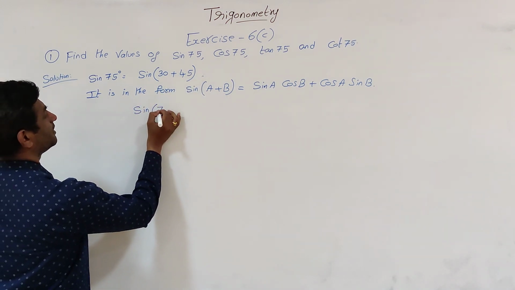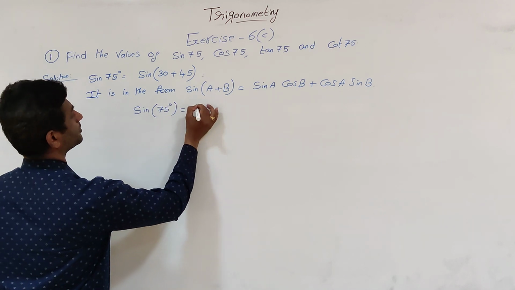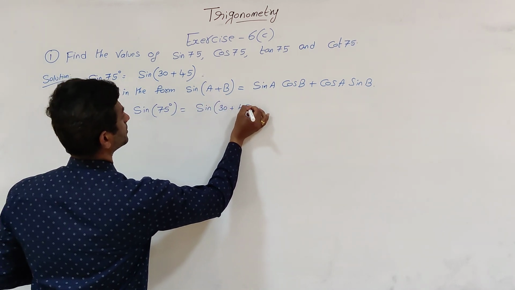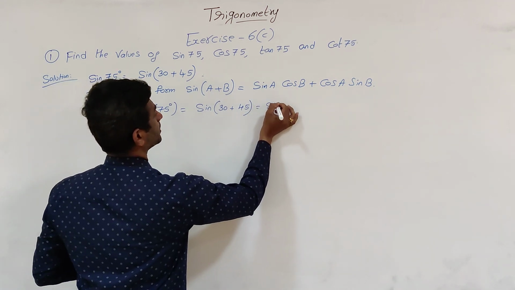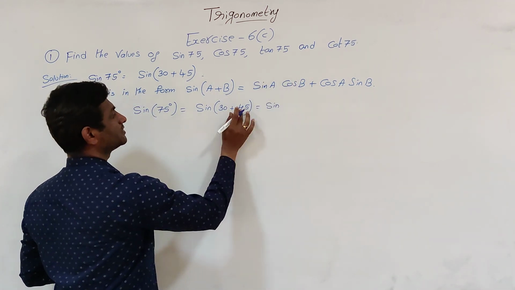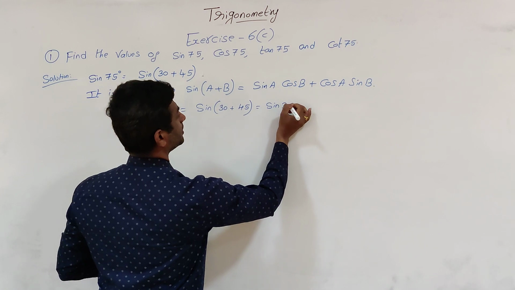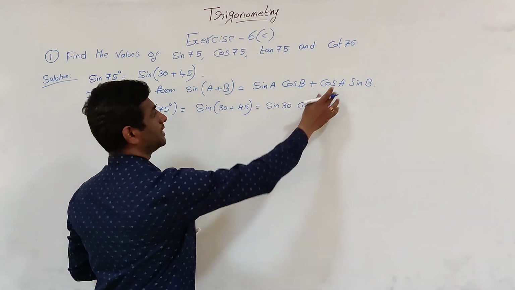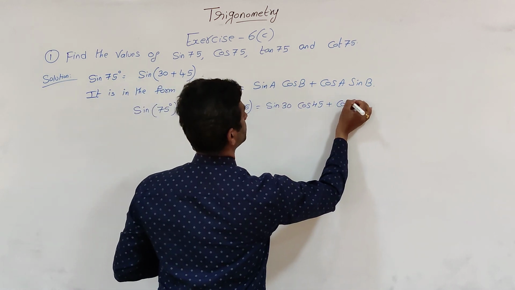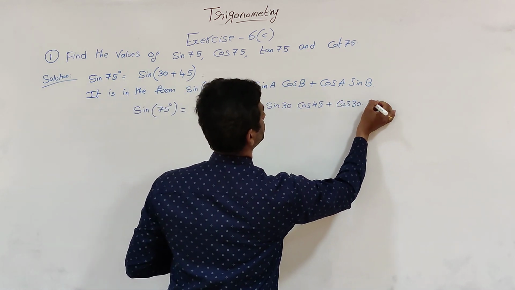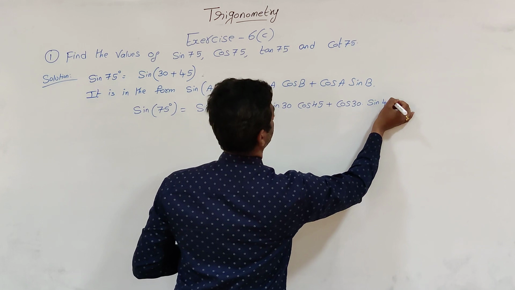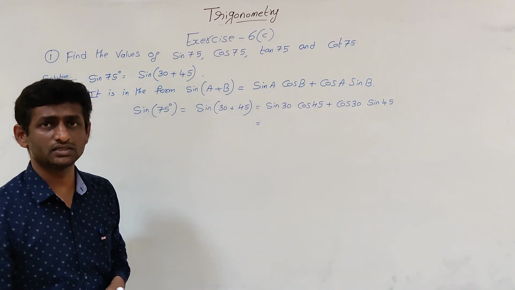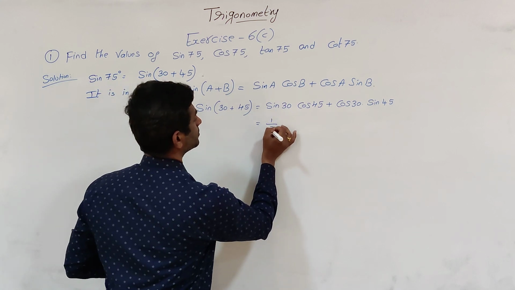Sin 75 degrees is equal to sin of 30 plus 45, that is sin 30 cos 45 plus cos 30 into sin 45. What is the value of sin 30? 1 by 2.